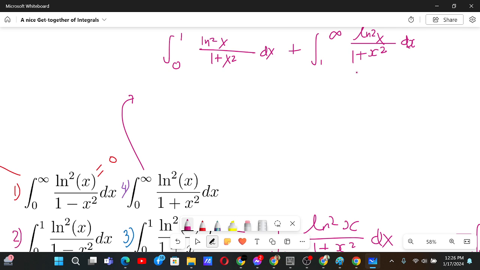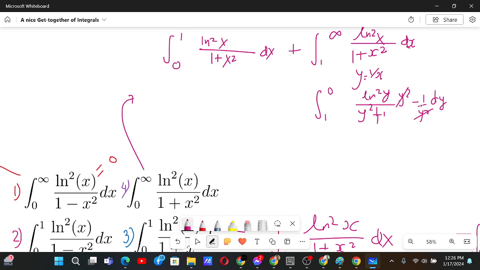If we substitute y as 1 by x, you get integral from 1 to 0 of ln square 1 by y, that is minus ln y whole square. So this is again ln square y itself. And over here, you will have y square plus 1 times y square. And then dx will be minus 1 by y square dy.